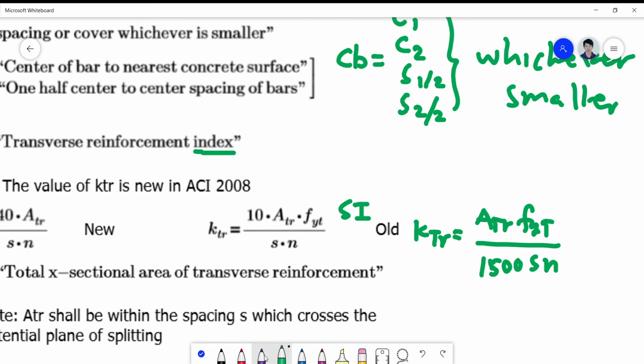Anyway, when we use it in our problem, we'll be using SI.